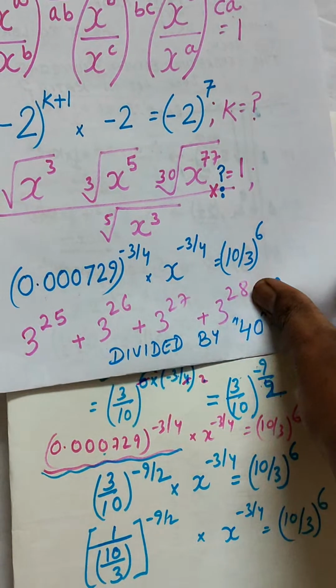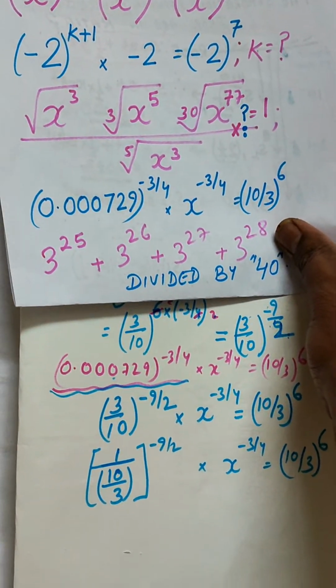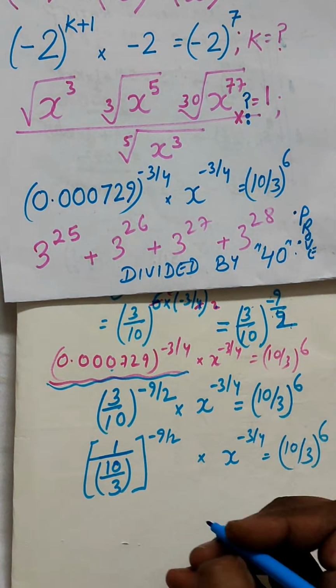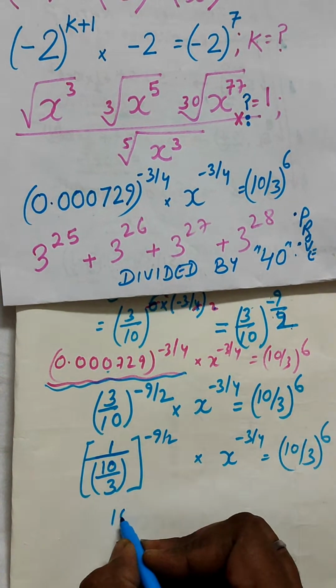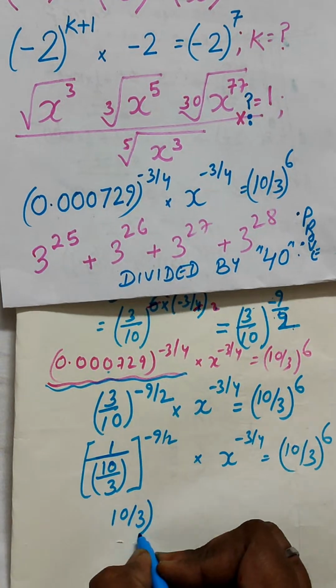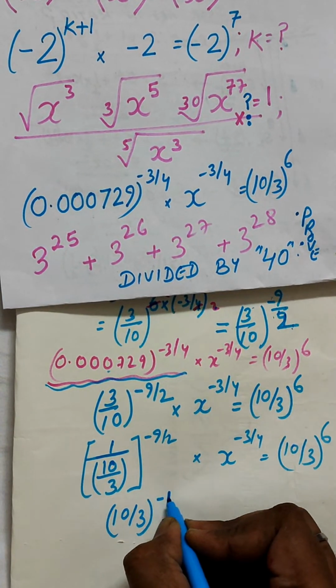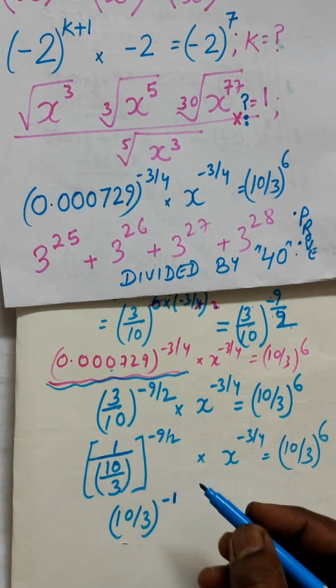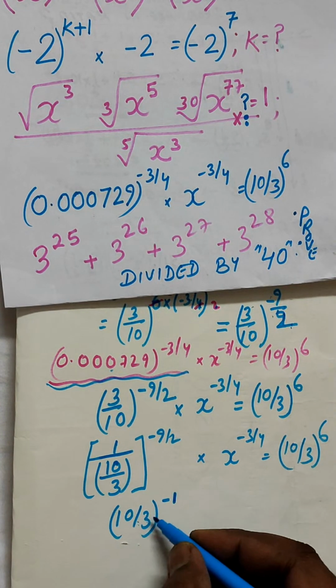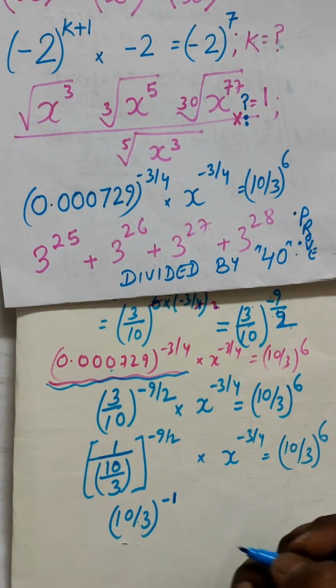Now this will be giving you 10 by 3 power minus 1, right? Because we brought this denominator into numerator, then the base will be same and exponent will be negative, right?